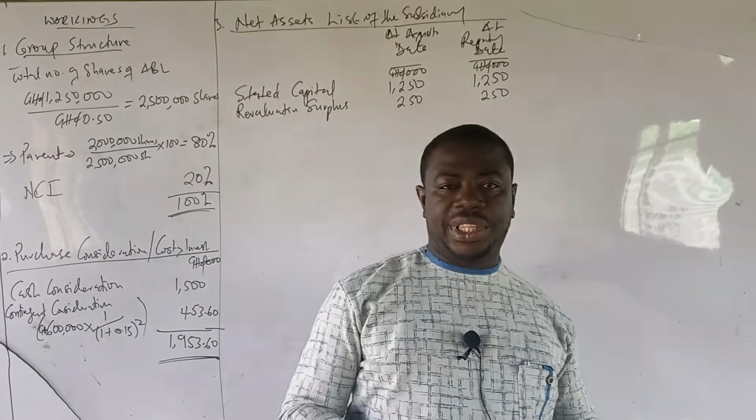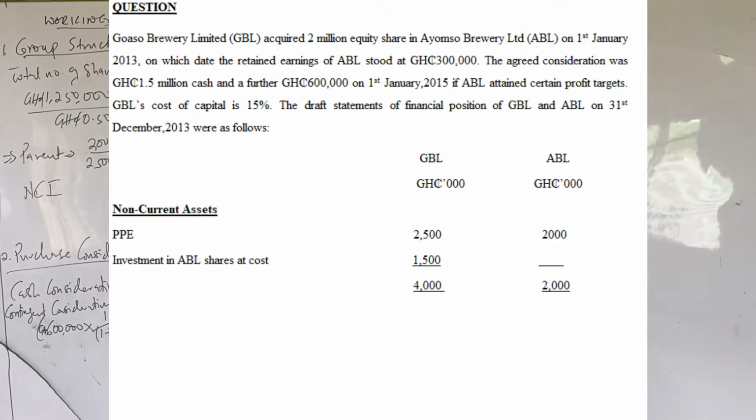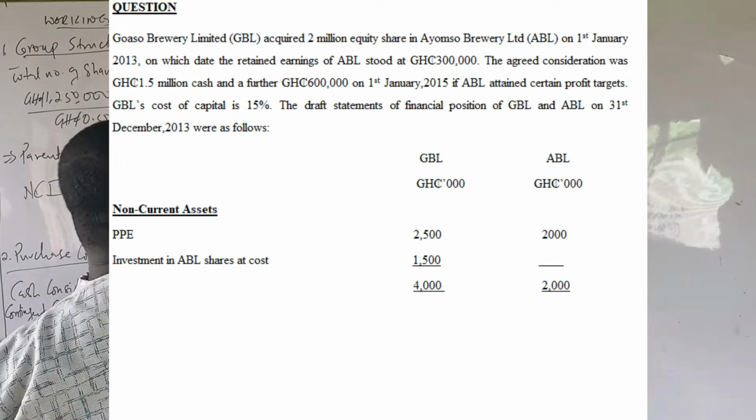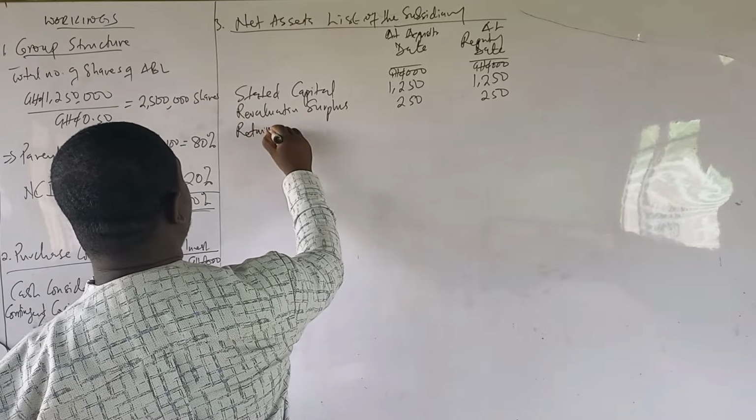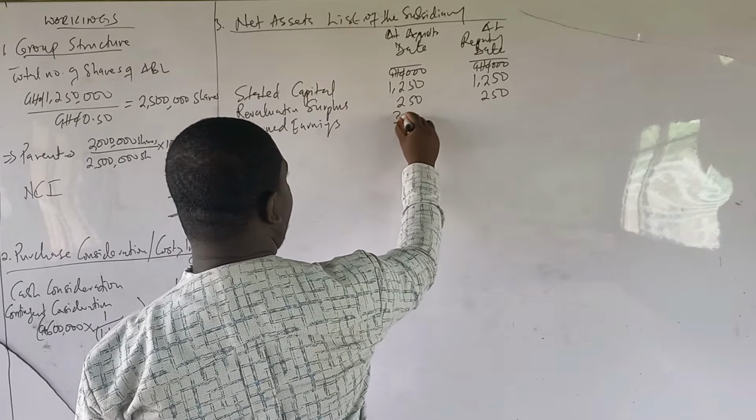And then let's look at the retained earnings. We are told from the question that GBL bought ABL on the date when retained earnings of ABL stood at 300,000. Okay, so at acquisition date, the retained earnings, which is also known as the income surplus, stood at 300.